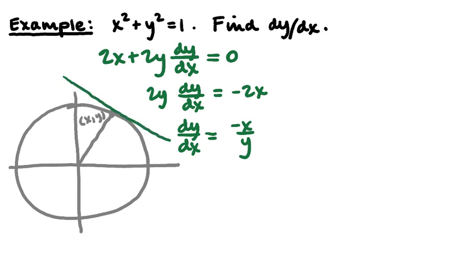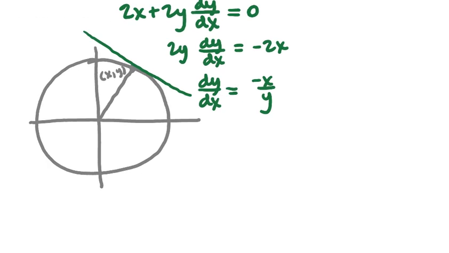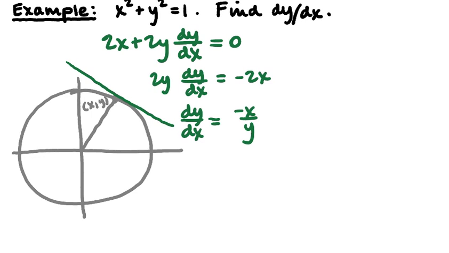And something that they may have told you in geometry class, this is a horrible drawing, was that a tangent to a circle is perpendicular to the radius at the point of tangency. Notice how it kind of looks pretty perpendicular. And if we take the slope of the gray line, which is y over x, and multiply it by dy/dx, we'd get -1, which is indicative of two things that are perpendicular.